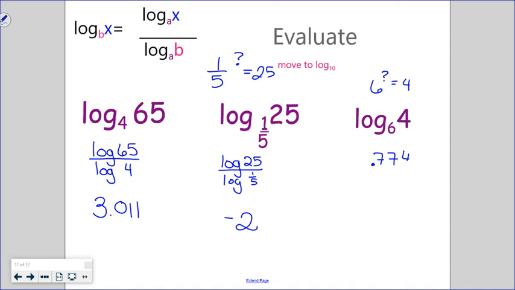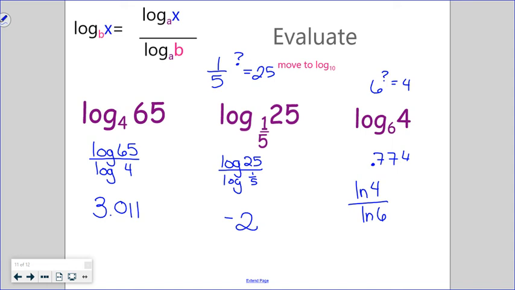Can you try this on your calculators for me, please? On all of these, I had you do log. I want you to change your base formula, but not with log. I want you to do natural log. See if it changes the answer. Natural log of the number inside divided by natural log of the original base. Natural log of 4 divided by natural log of 6. .774.